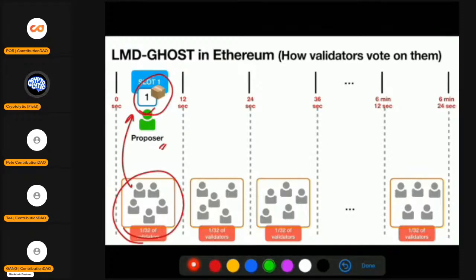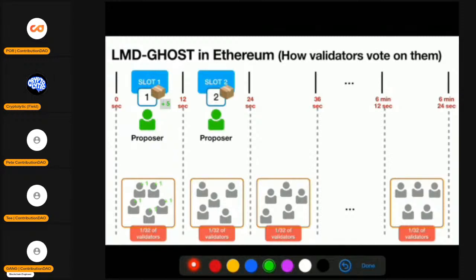But the others are not going to do anything. If you are at the first slot, only the validators assigned to the first slot are going to vote for this block. And when you move to the second slot, only the validators assigned to slot 2 are going to vote for this block.